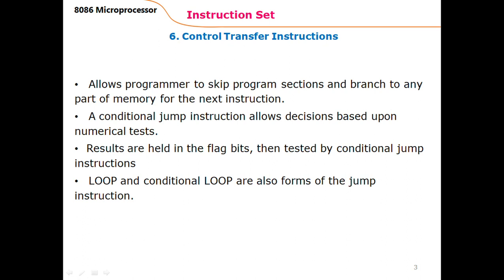Control transfer instructions are another set of instructions in the instruction set of the 8086 microprocessor. Control transfer instructions are responsible for skipping a section of the program and branching or jumping to any part of the memory for the next instruction to be executed.